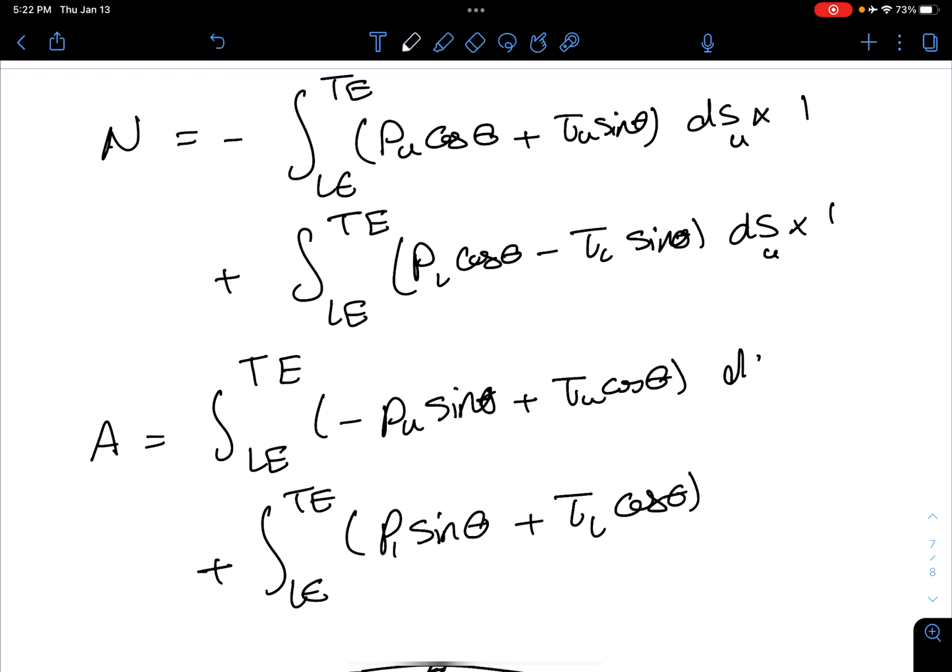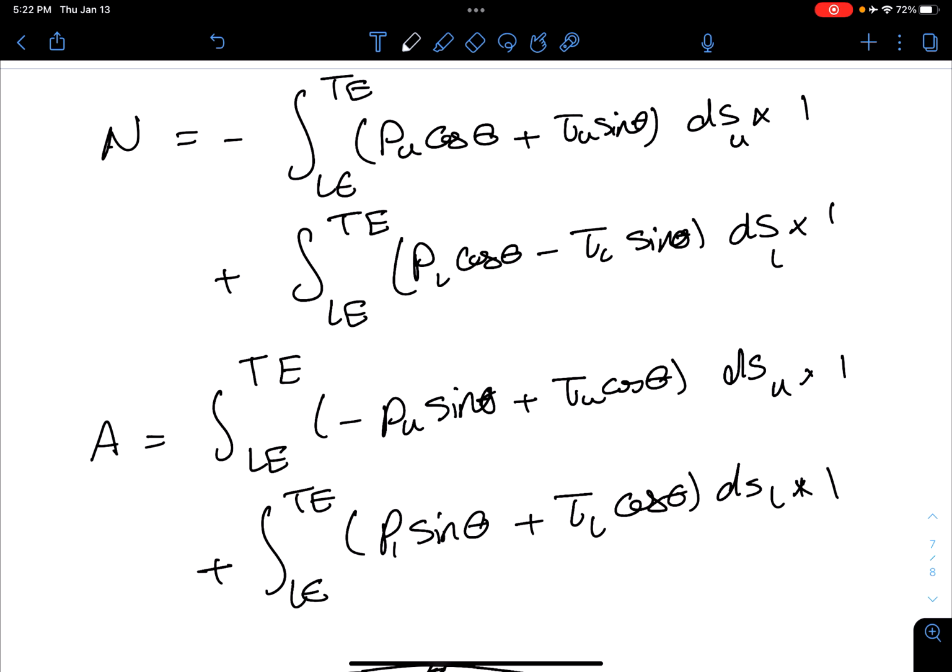Just have to keep in mind that we have different equations for the upper and lower surface. Multiplied by 1. Something that you have to keep in mind is that this is not just a number. This is a dimensioned number. There's a dimension here, so we cannot just remove it.